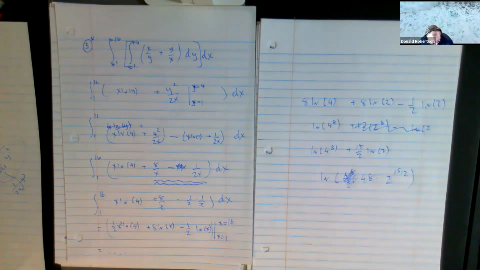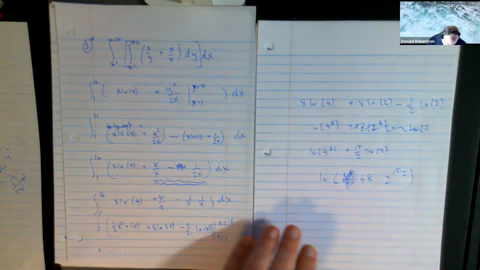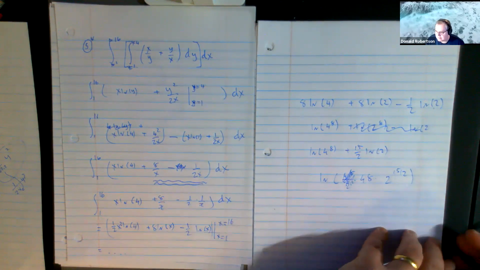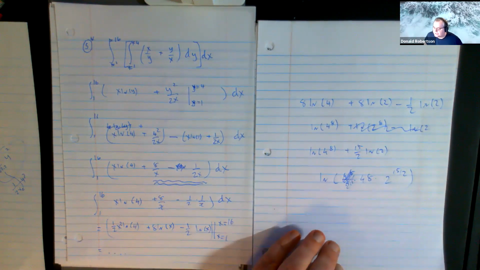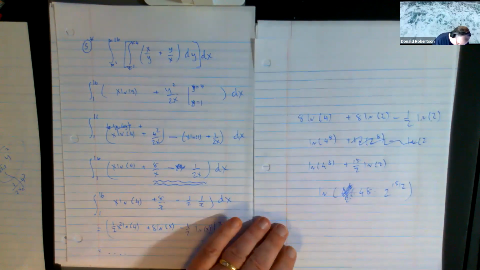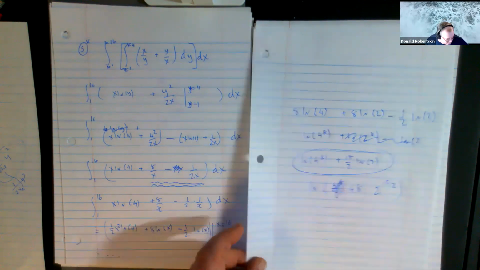And that's actually not as nice as it could be, but it's close enough. Try if you can, if there's lots of logs, to put them together as a single log. I'd probably leave it like that. That looks slightly nicer.